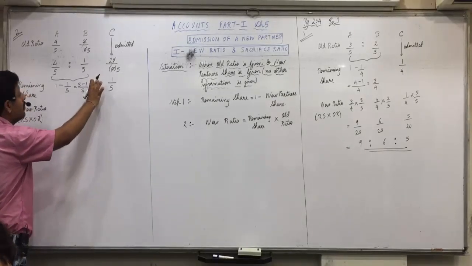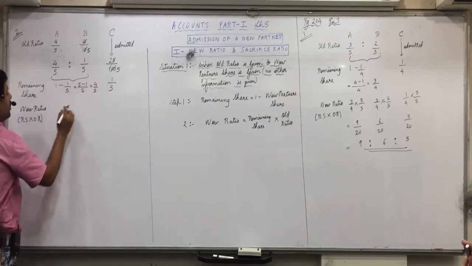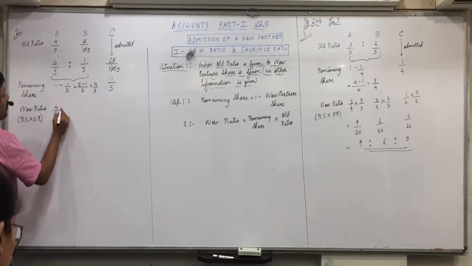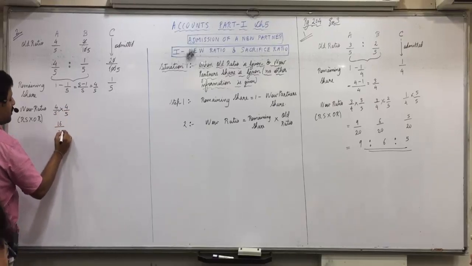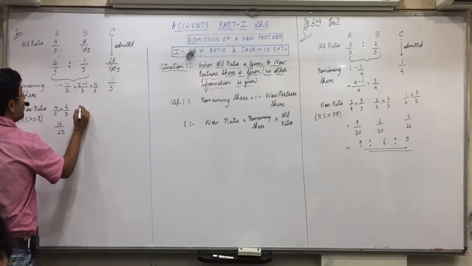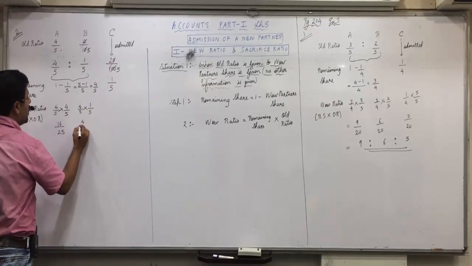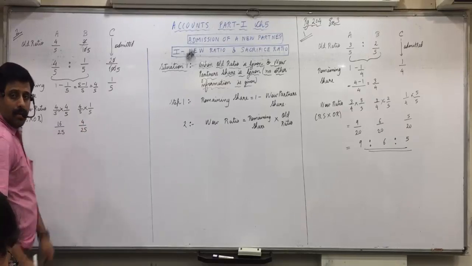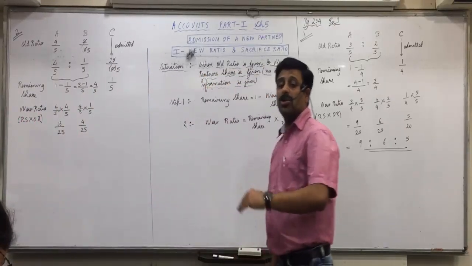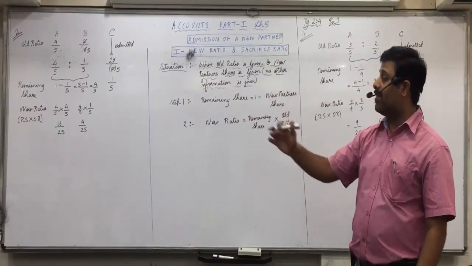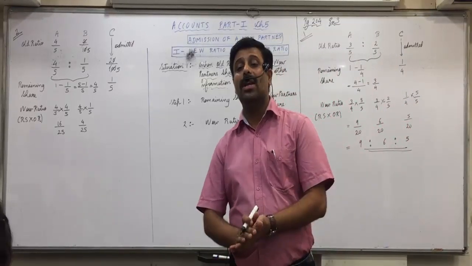So remaining share 4/5 into old ratio 4/5 is 16/25. Again remaining share 4/5 into old ratio 1/5 is 4/25. So out of 4/5, A and B will again distribute the profit in the ratio of 4:1. A will take 4/5, B will take 1/5. Any confusions? All are clear up till here?